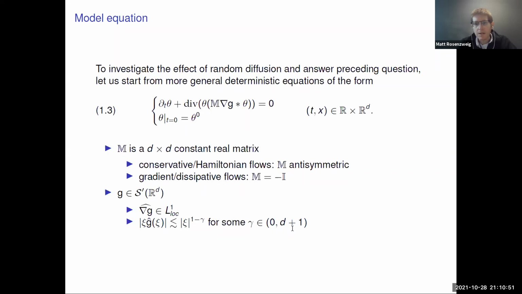Okay, so in particular, this allows for potentials in physical space that are very singular near the origin, but also allows for things that have long-range effects and actually may grow at infinity. So it's a very broad class. It's not a strong restriction.